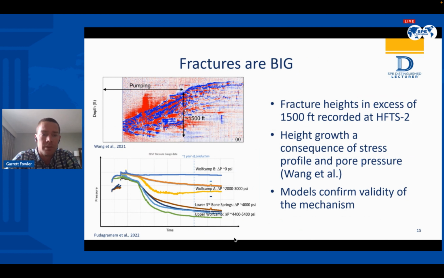And they observed over 1,500 feet, and in fact up here this is about 1,800 feet of height extension of these fractures. So not only do we know that these fractures are crossing thousands of feet away, but they're also growing up to 2,000 feet above where the horizontal wells are landed. And just purely from a mass balance, you need planar features in order to replicate those features in the subsurface. So if you had things going like shattered glass through the subsurface, it would stay all confined near the wellbore.